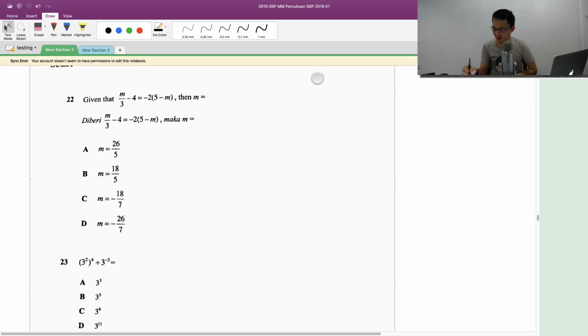Okay, this one. Let me show one of the common mistakes for this question. A lot of students, they will actually do this common mistake. It's because they actually see the divide 3 here. And then what they do is they move the 3 to the other side, become multiply. Then they do something like this.